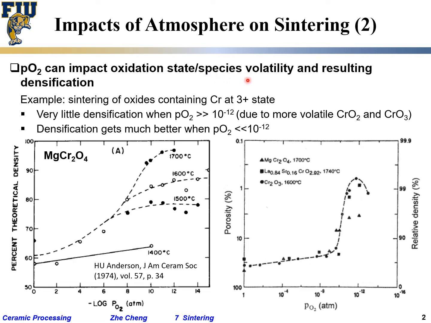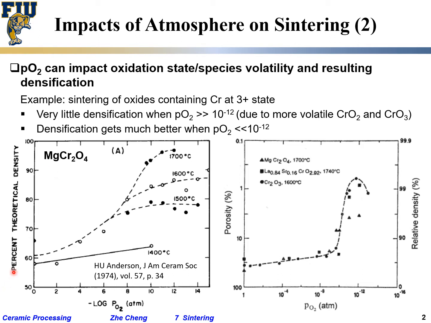And as a result, impacts your sintering or densification. Here, I'm showing magnesium chromium oxide. If you don't know how to call it, magnesium chromium oxide, MgCr2O4, spinel structure.